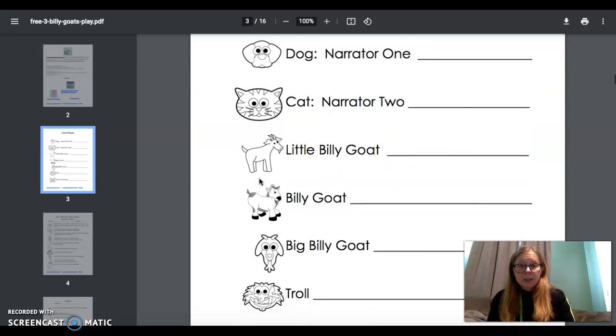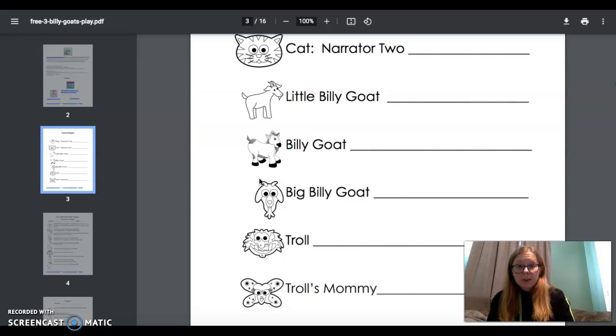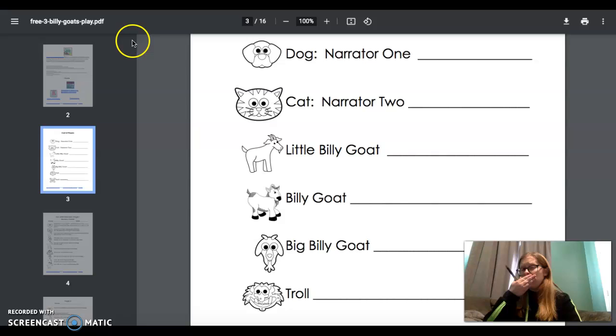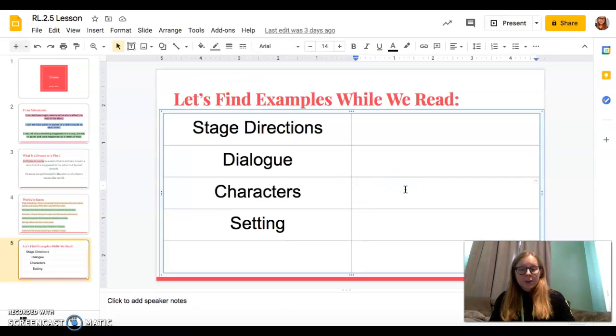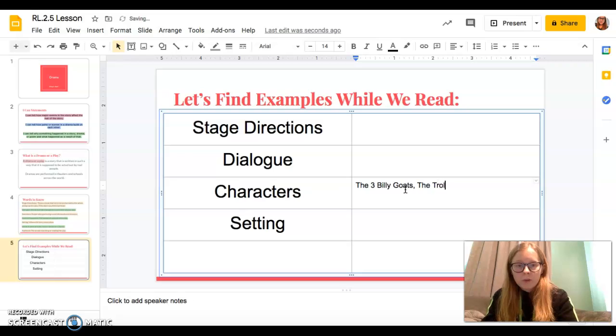Then we have Little Billy Goat, Big Billy Goat, a troll, and then troll's mom. So, if we go back to our chart, our characters are going to be the Three Billy Goats, the troll, the troll's mom, and the narrator.